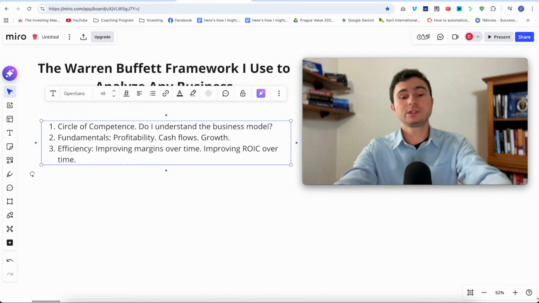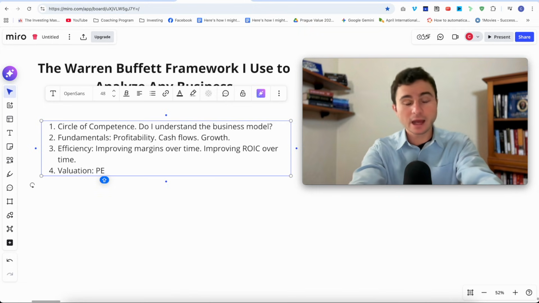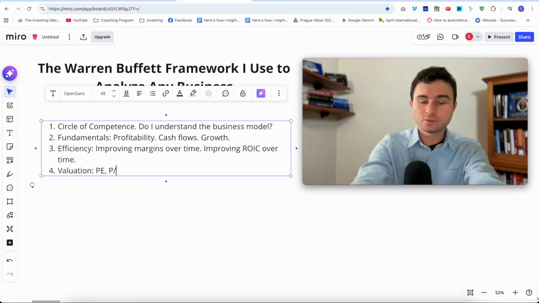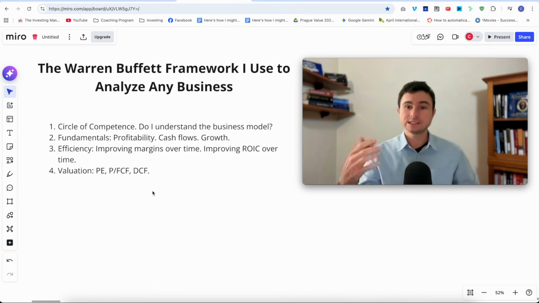The fourth criteria is the valuation. Obviously, you don't want to invest in companies with a very high PE ratio or high price to free cash flow. You want to play around with a DCF, a discounted cash flow model, to really forecast the cash flows in the future, have a clear discount rate, and find an intrinsic value.